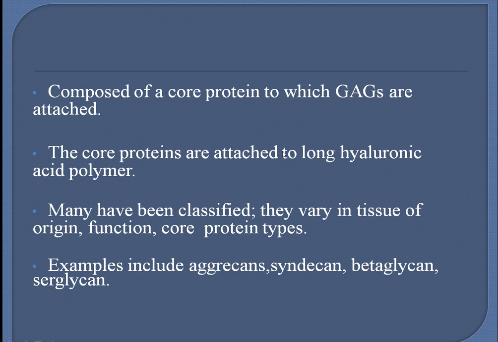Basically, a proteoglycan is composed of a core protein to which glycosaminoglycans are attached, and the core proteins are attached to a long hyaluronic acid polymer. They are classified and vary in tissue of origin, function, and core protein types. Examples of proteoglycans include aggrecan, syndecan, betaglycan and serglycin.